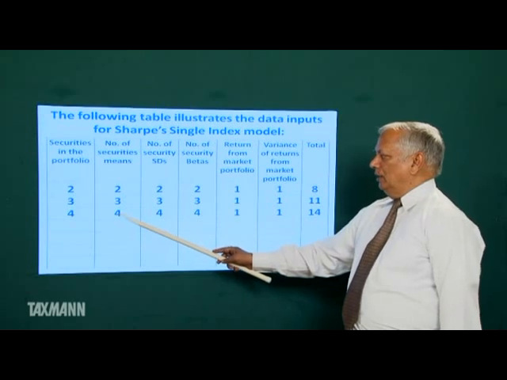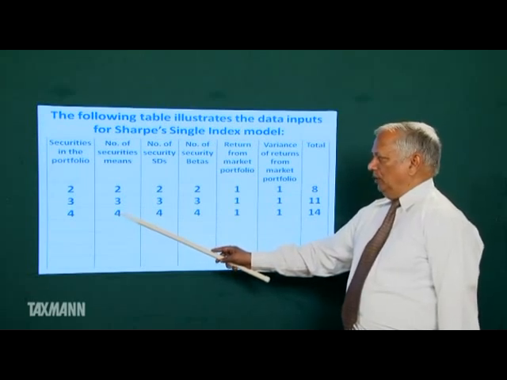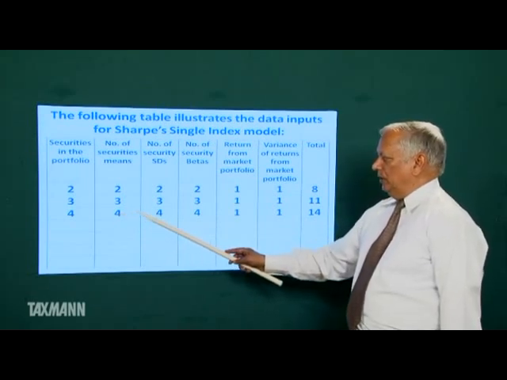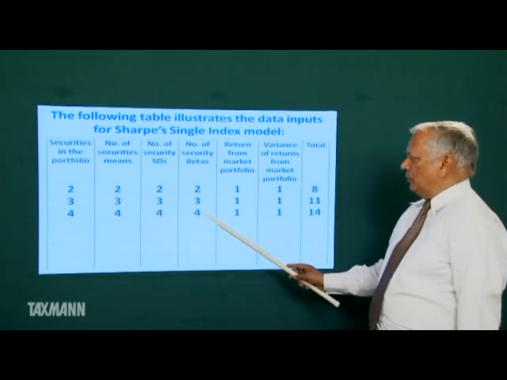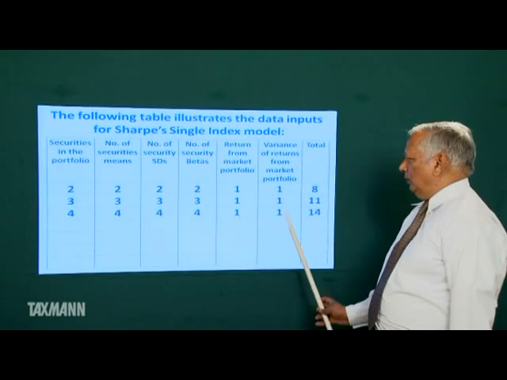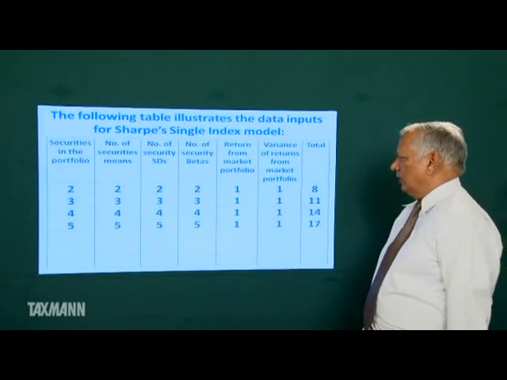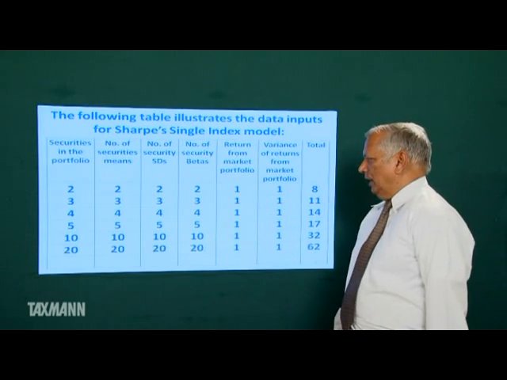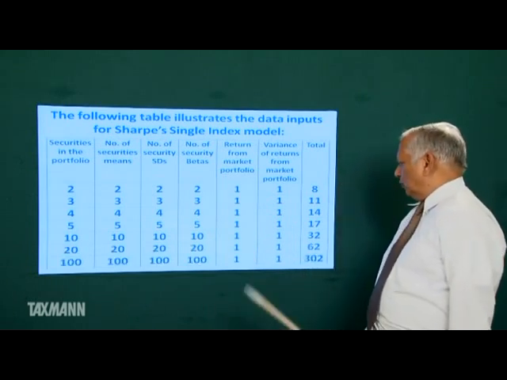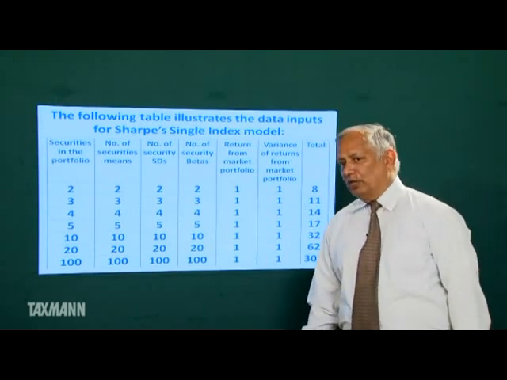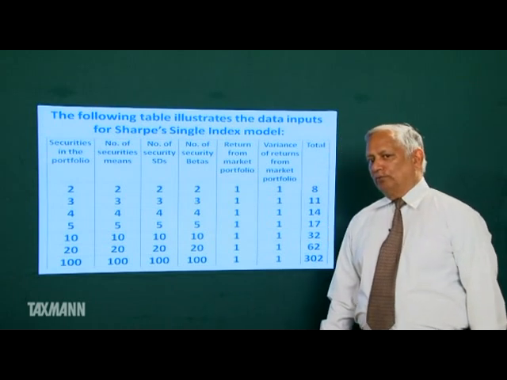We require mean, standard deviation and beta of each of A, B, C, D. We require one RM and one market variance. Similarly, for 5, 10, 20, 100. Our total data input here is 302, while under Markowitz it is 5150 if there are 100 securities in the portfolio.